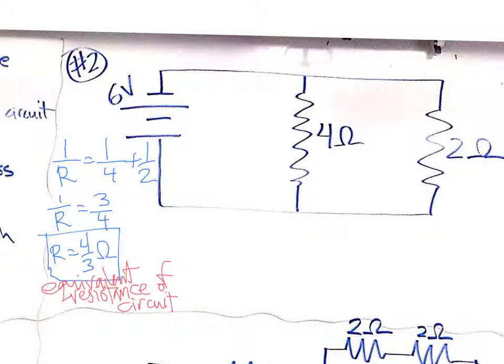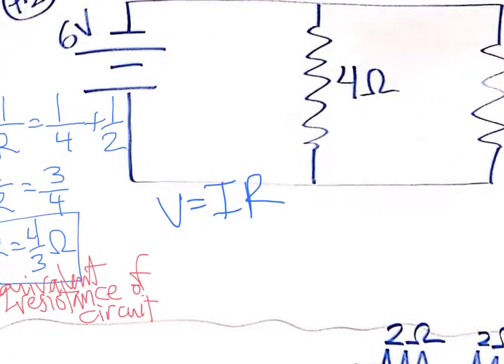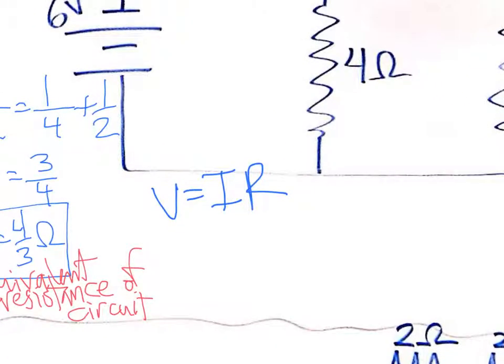Oh yeah, current through the circuit. So, we know the equivalent resistance of the circuit. We're going to use Ohm's law to find the total current through the circuit. Our voltage is 6. Our current is I, that's what we're solving for. And our equivalent resistance was 4/3.